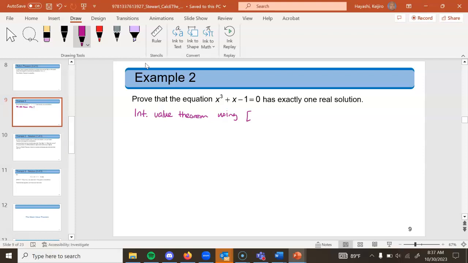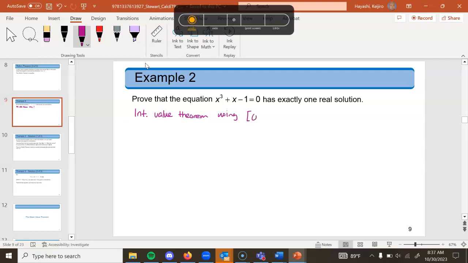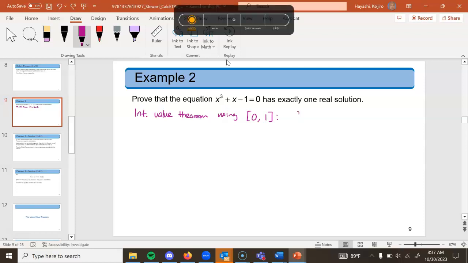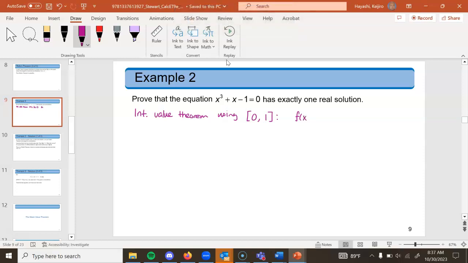So we're going to use the interval 0, 1. There's no real reason we're using that interval, we just are.